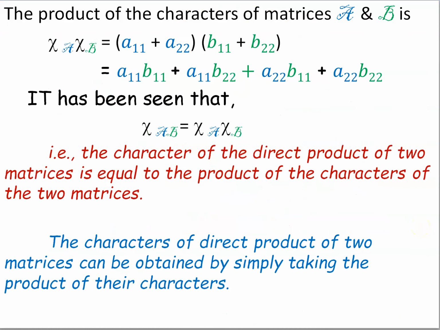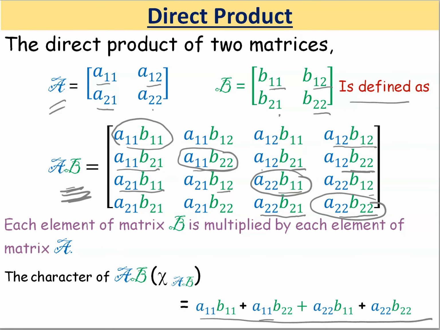Now, look here. What is the product of the characters of matrices A and B separately? The character of A is equal to A11 plus A22. The character of matrix B is equal to B11 plus B22.